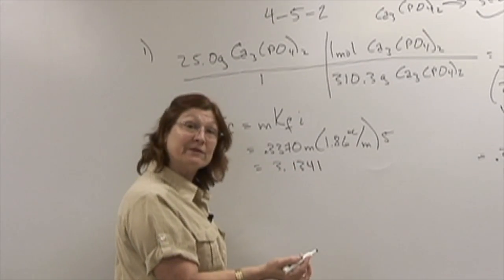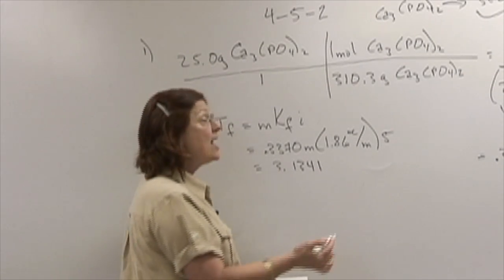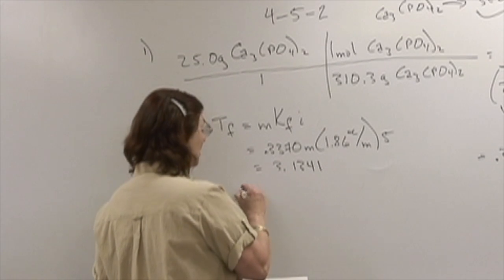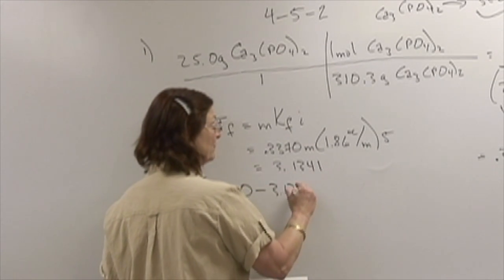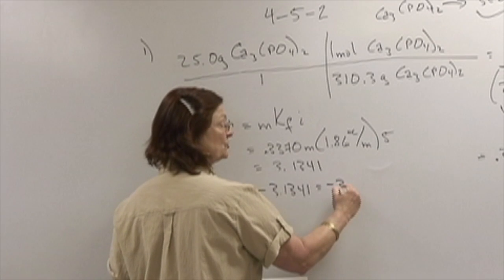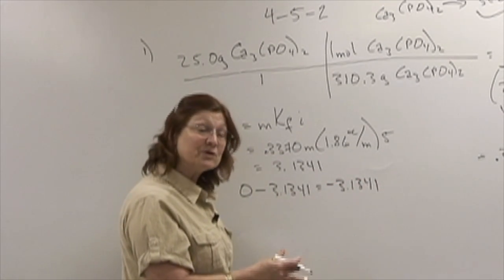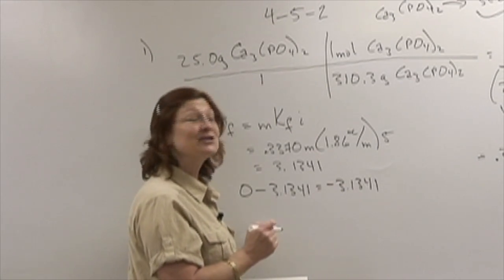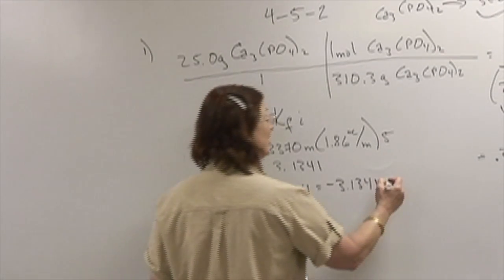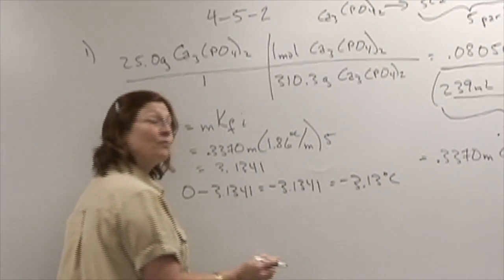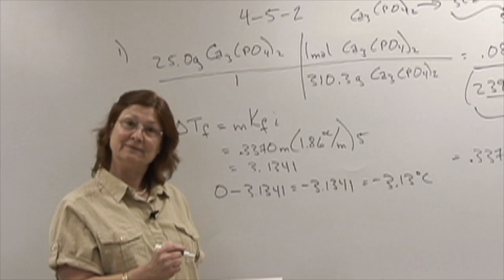Now, water normally freezes at 0 degrees Celsius, and we know that freezing point goes down, and therefore 0 minus 3.1341 equals minus 3.1341. I go back to my original number to see how many significant digits in my answer, and there should be 3. Therefore, my final freezing point of this solution is minus 3.13 degrees Celsius.